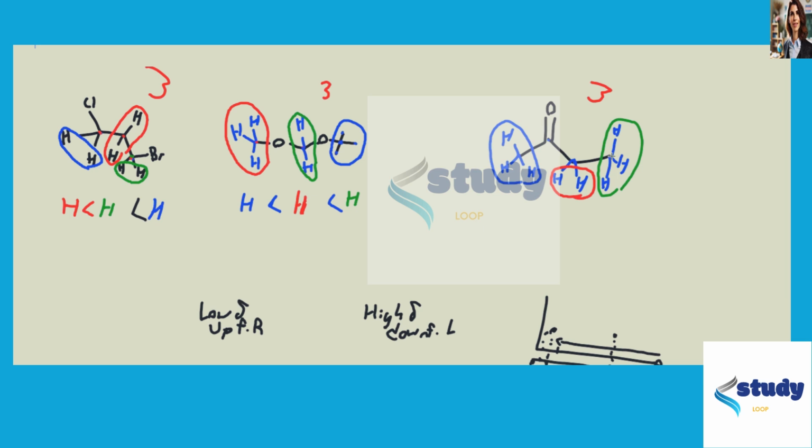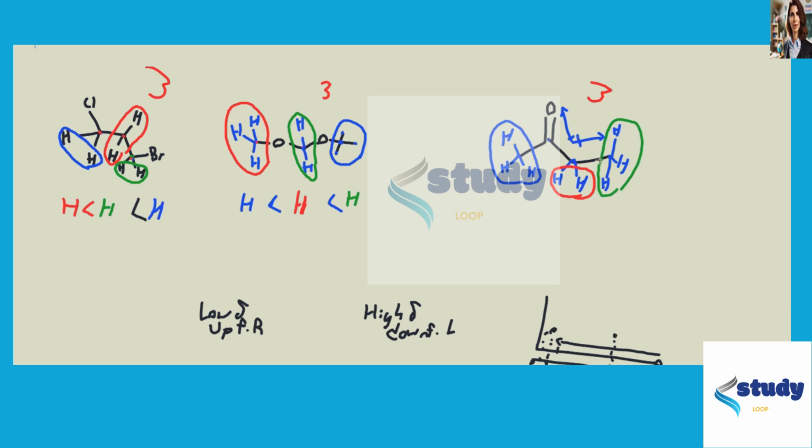So this CH3 group here, every proton here has some sort of electron cloud around it. Same with the central carbon atom, it has some electron density around it. So there's a whole cloud of electron density around this methyl group. So we can imagine that there's going to be some sort of inductive donation of electron density towards this terminal group on the right side and also towards the carbonyl group on the left.